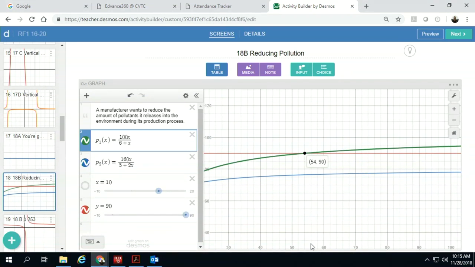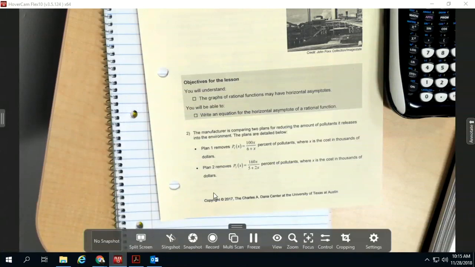The process that they chose for pollution removal plan 2 will not remove more than 80%. Why 80%? Let's look at the leading coefficients. Why is it 80%?